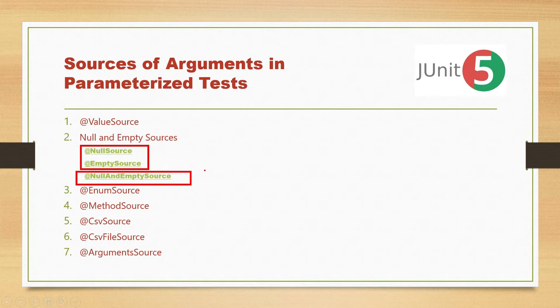And one thing you have to keep in mind: when you use @NullSource, you cannot use it for a parameter that has a primitive type. If your test case is accepting a primitive type, then you can't use the @NullSource annotation, right?